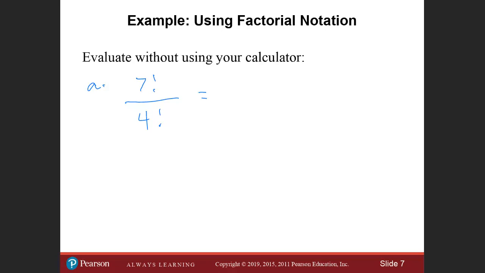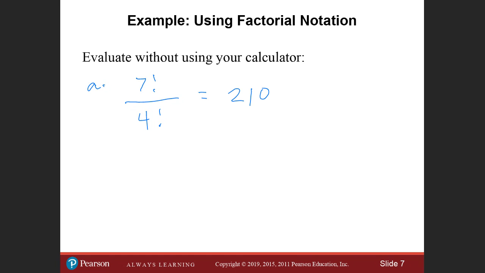That would be the factorial symbol. Then press the division button, then press 4 and the math button again, go to the last column and down to number 4, the factorial. So you have 7 factorial divided by 4 factorial, hit equal, and you'll get 210.